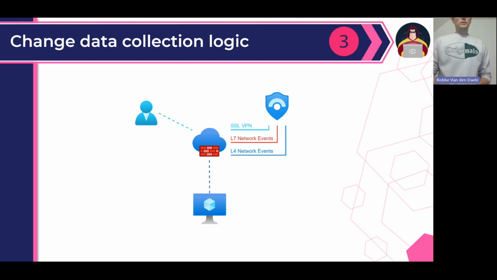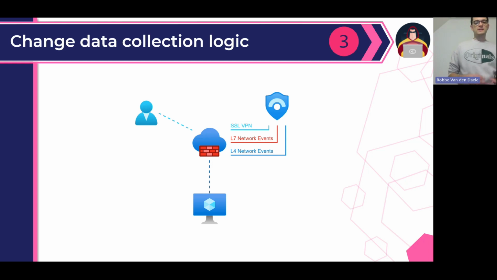In the third example, I want to talk about changing your data collection logic. Let's say you integrated your firewall into Microsoft Sentinel. There are a lot of different types of logs from that firewall which you might want to adjust. Let's say you first want to focus on layer 7 network events, so alert rules of the firewall itself.